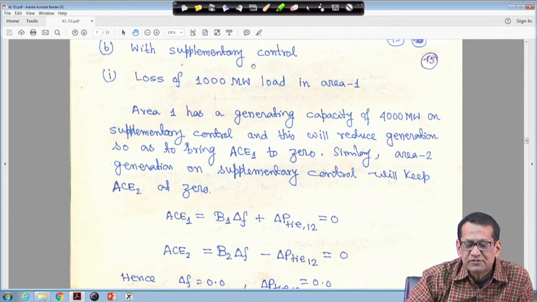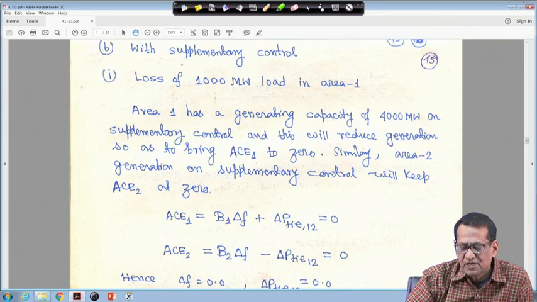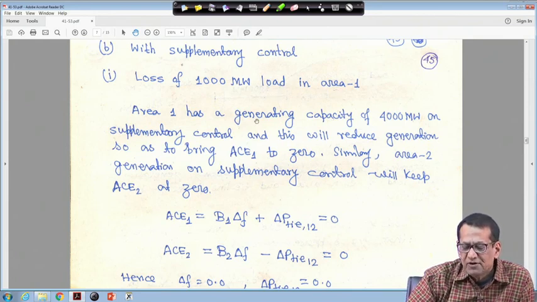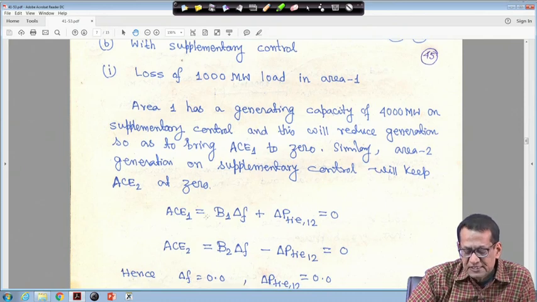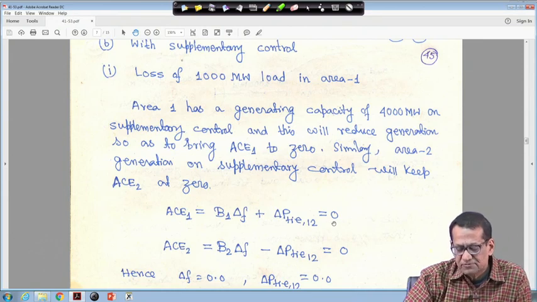Now, with supplementary control, with a supplementary loss of 1000 megawatt load in area 1, area 1 has a generating capacity of 4000 megawatt on supplementary control, and this will reduce generation so as to bring ACE1 to 0. Similarly, area 2 generation on supplementary control will keep ACE2 at 0. So, we know that ACE1 is equal to B1 delta F1 plus delta P tie 1-2, it has to be 0.